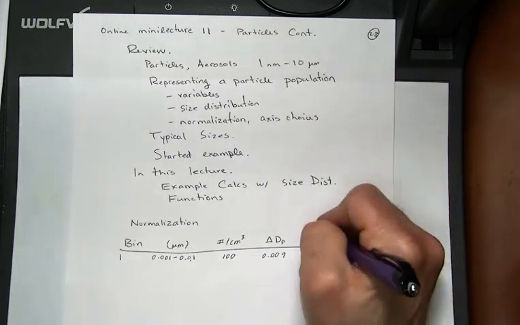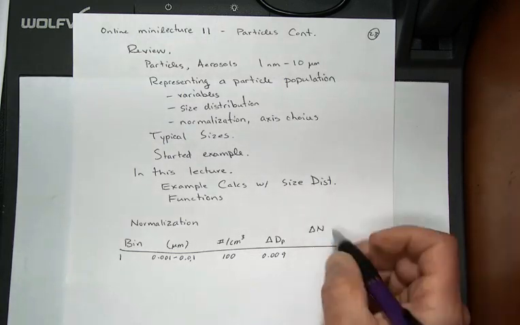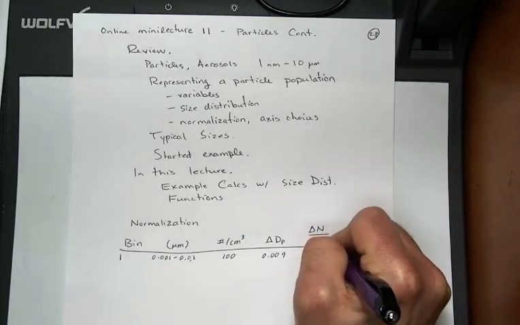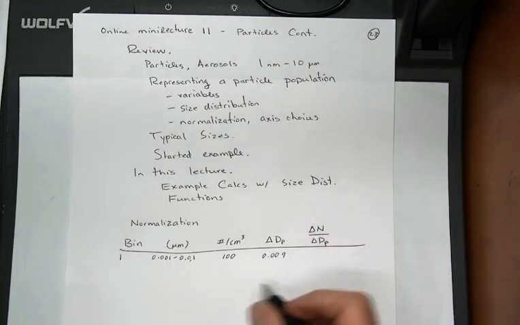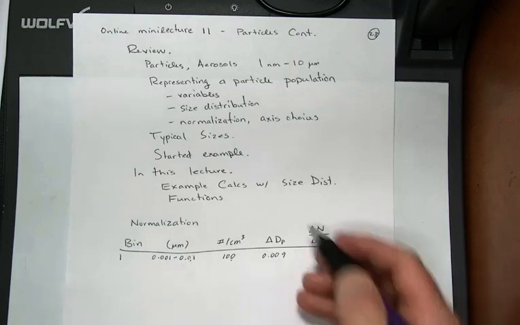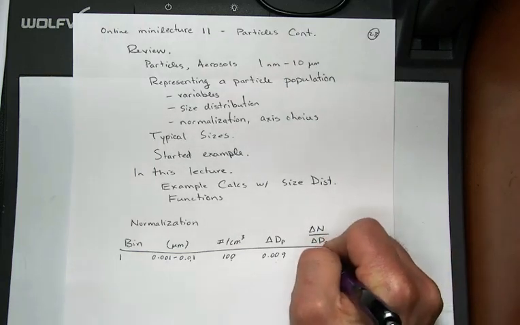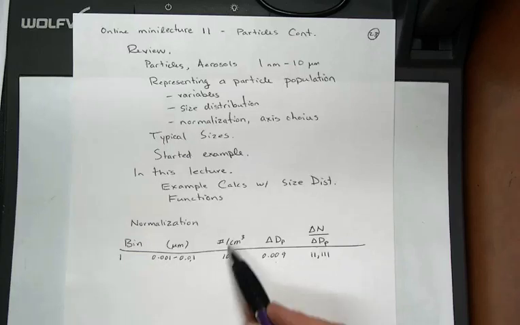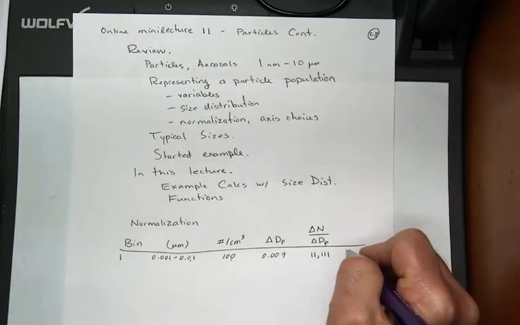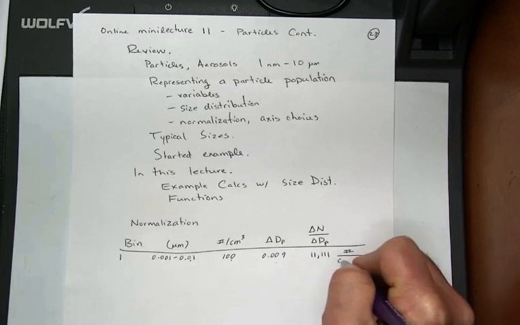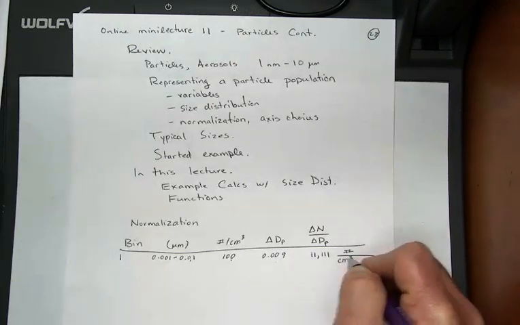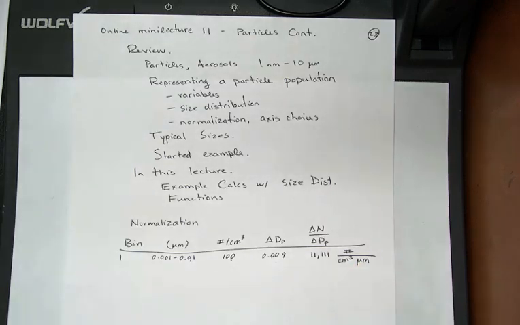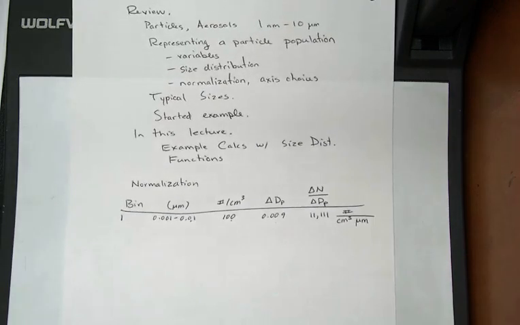And then the normalized concentration, the number of particles divided by the bin width, is that divided by that, which is 11111, and then I divide the units too. So this is number of particles per cubic centimeter per micron of bin width, which is an odd unit, but it's the normalized unit.